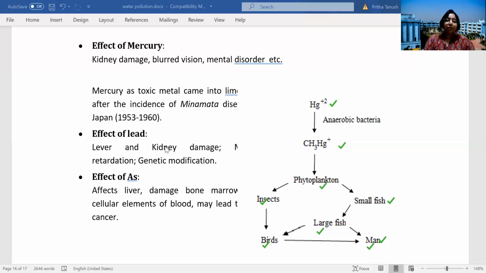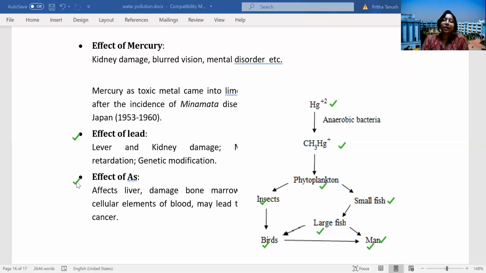Next is the effect of lead. This is liver and kidney damage, mental retardation, and genetic modification. Next is the effect of arsenic.